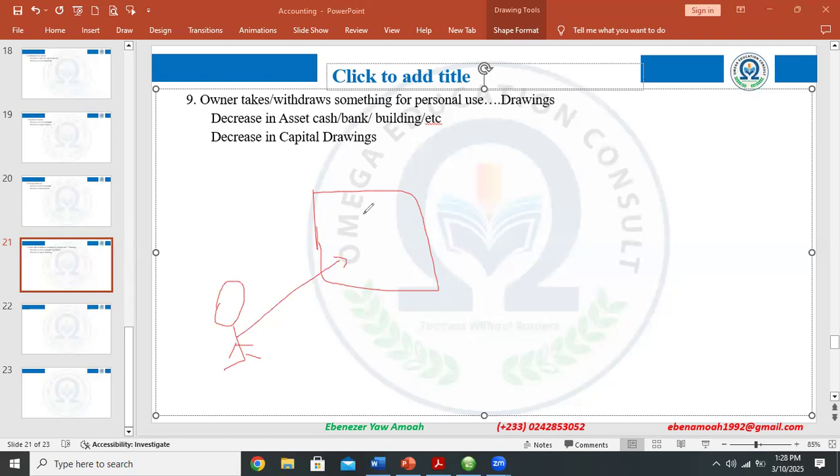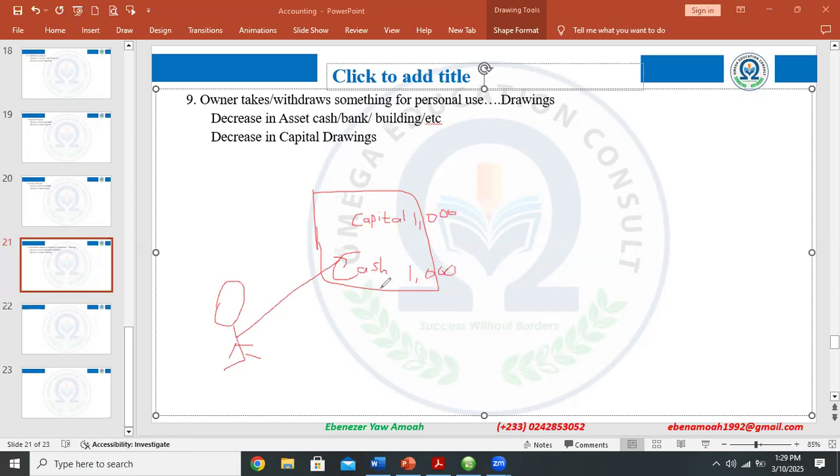So the business is going to acknowledge the capital that the owner has given it. So the business will acknowledge the capital, 1,000, and also acknowledge that the capital came in the form of what? Cash, or physical cash, right? So these are the two things the business will acknowledge: 1,000 capital and 1,000 cash. And I believe we all agree with this one.